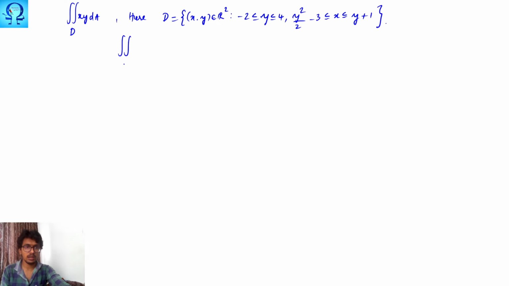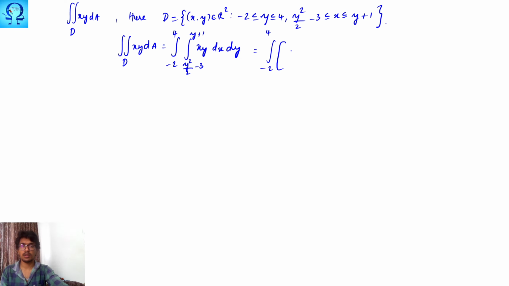So your integral over D of xy dA is becoming integral -2 to 4, integral y square upon 2 minus 3 to y plus 1 of xy, first with respect to x and then with respect to y. That is how we have done things. So this is -2 to 4. When you integrate with respect to x, it is going to be x square y upon 2, from y square upon 2 minus 3 to y plus 1, dy.